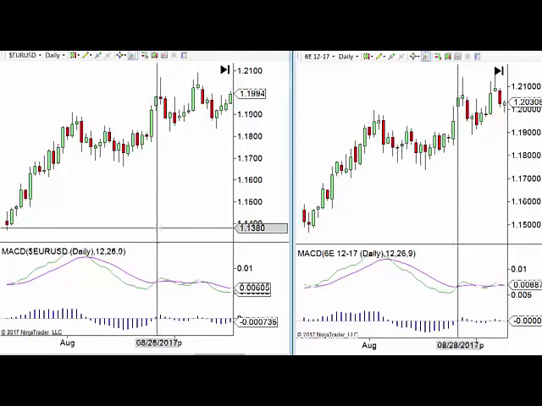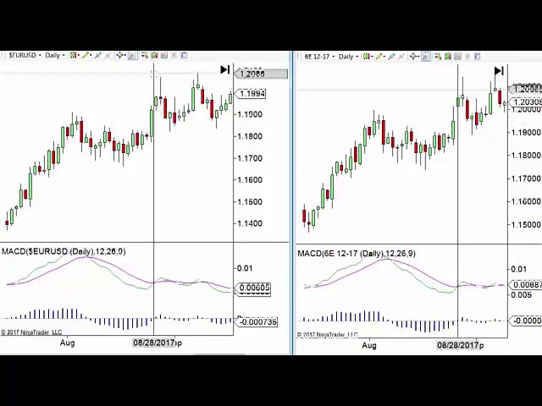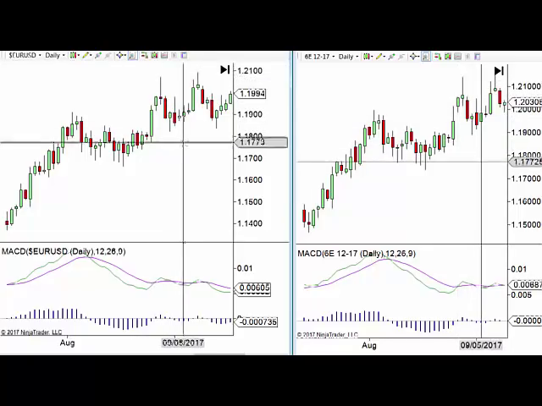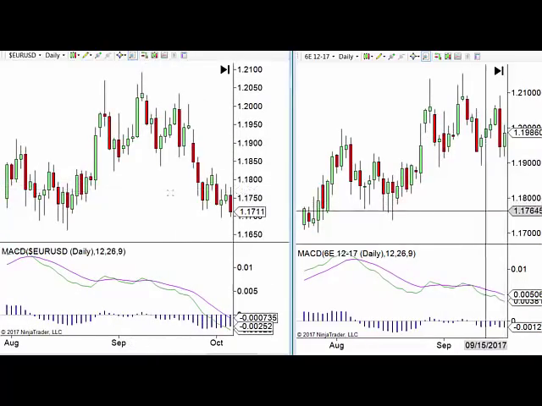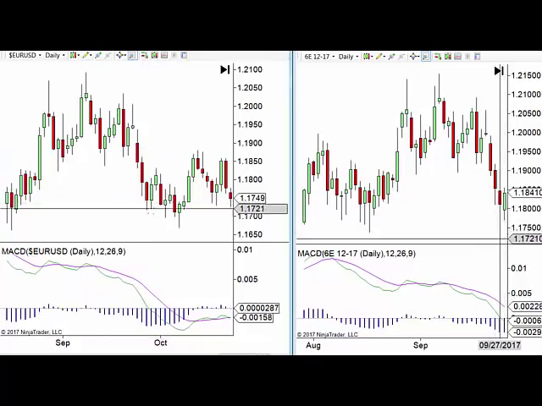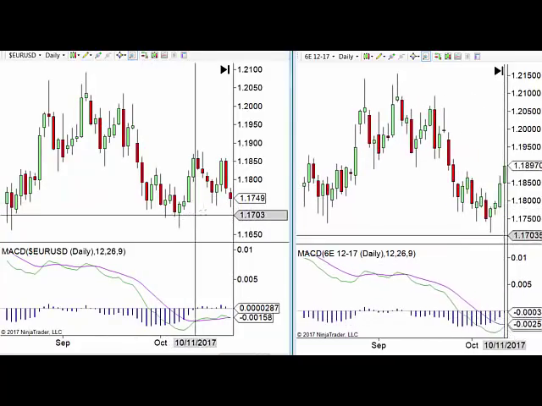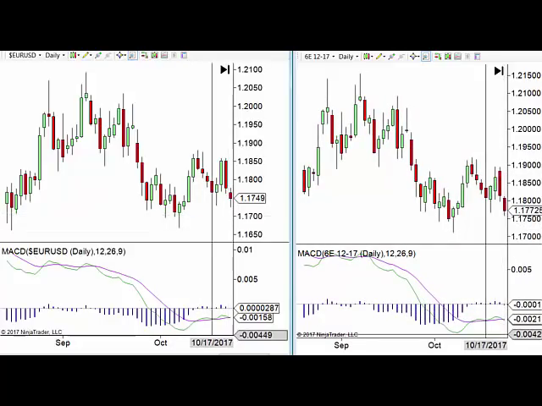For example, this bar right here, got a spike top, reversal bar, what we call there, but it's green on one, red on the other. Not a big difference. The overall price action is pretty much the same with very minor differences. Now, that's not always true, but it is true most of the time.